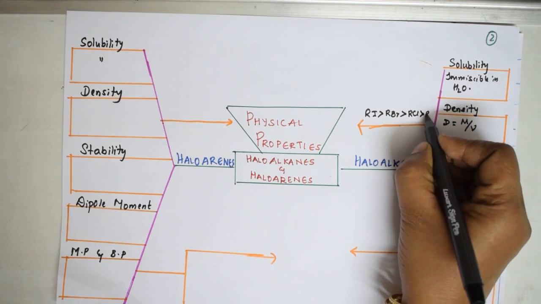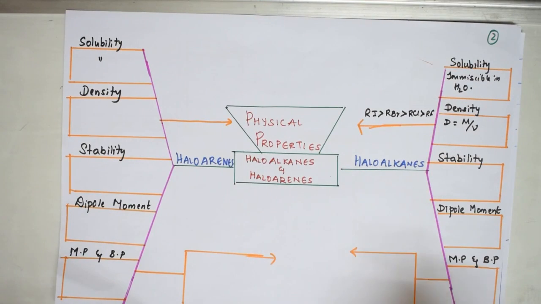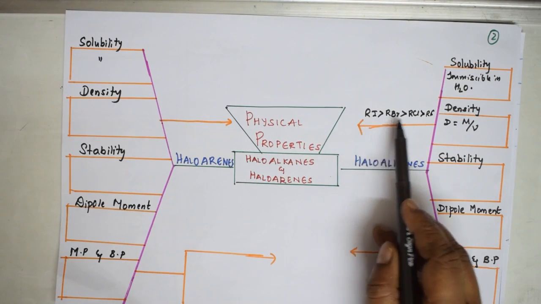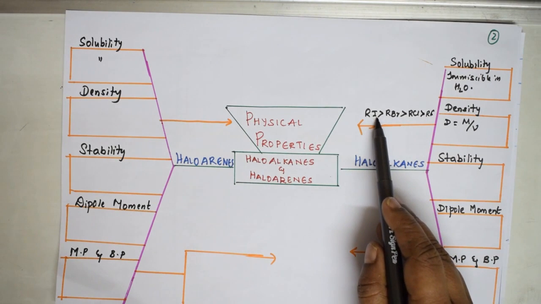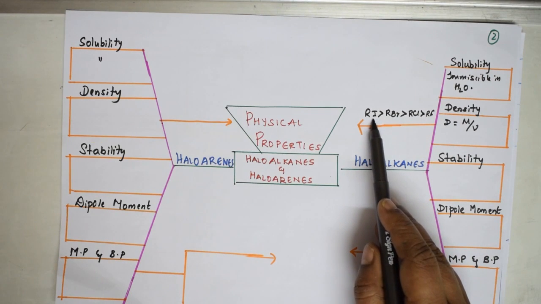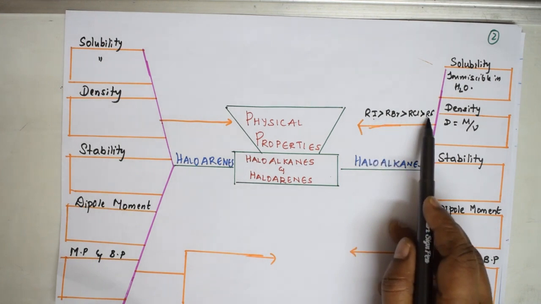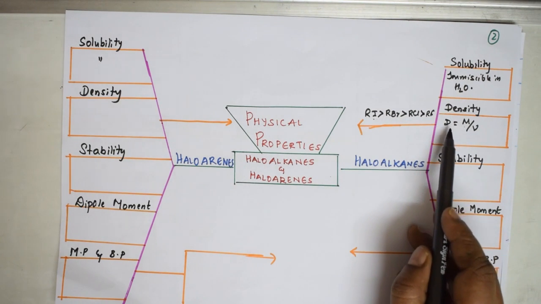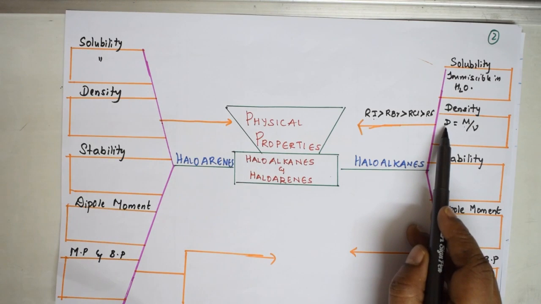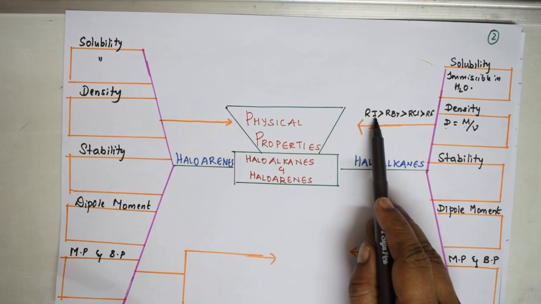Right? What do you understand here? For the same alkyl group present, as the halogen atom differs, iodine has higher mass compared to fluorine. So the higher the mass, the higher the density. Iodine's molecular mass is higher, so the density is also higher.